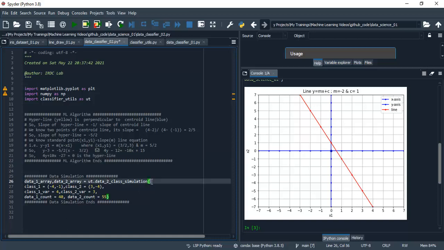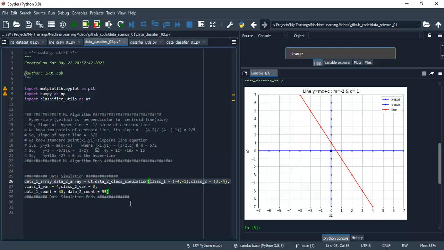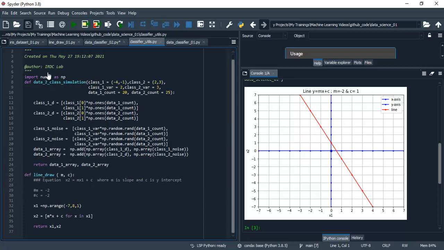So if you see what the arguments are, it is returning the class 1 data and the class 2 data here. This is the function data to class simulation, and that's available here in this file.